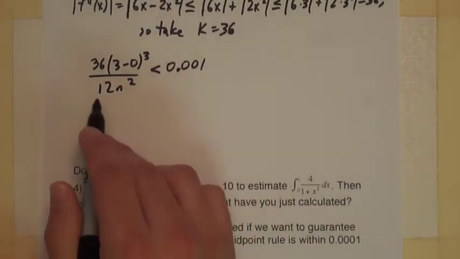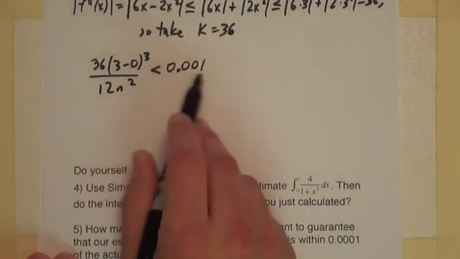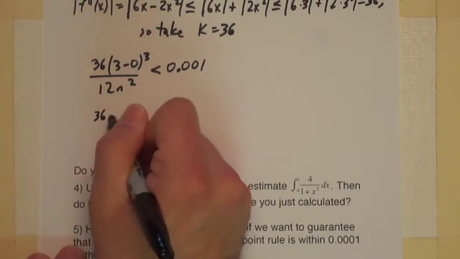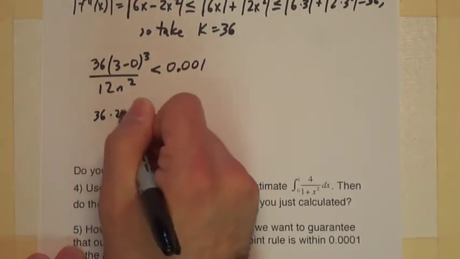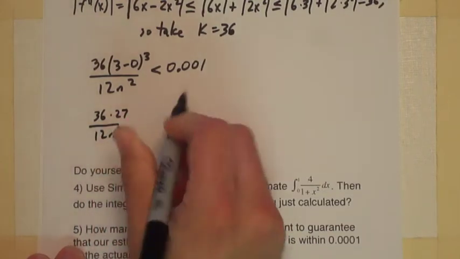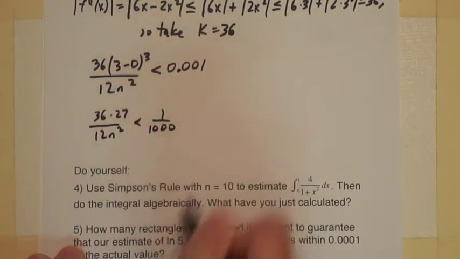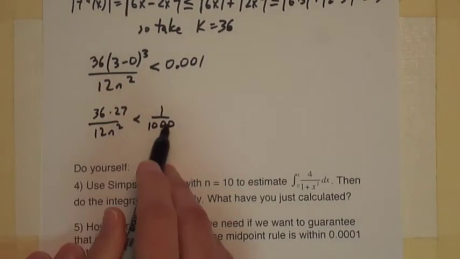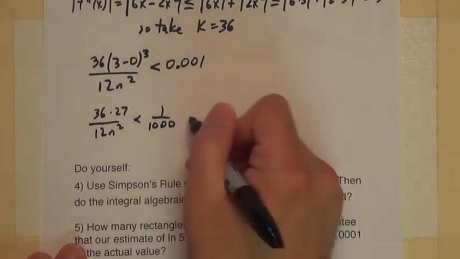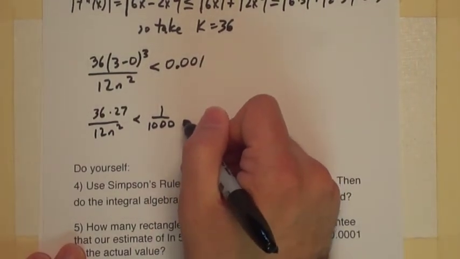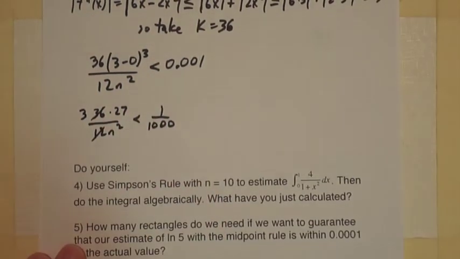Now at this point we just have to solve this. So my advice for solving this is to convert this decimal into a fraction. Let's see, this says 36 times 27. This as a fraction is 1/1000th. When you convert it to a fraction, you can now just cross multiply. Let's actually simplify this first. 36/12 becomes 3.